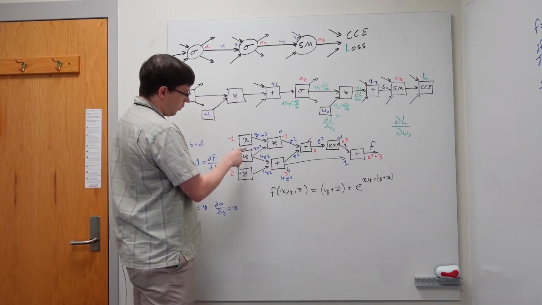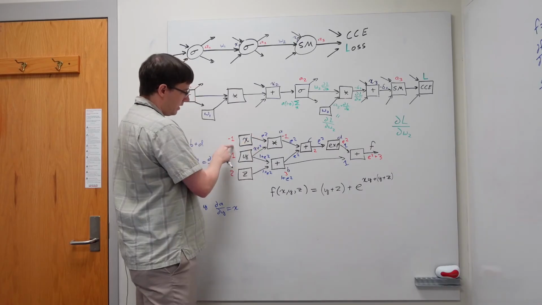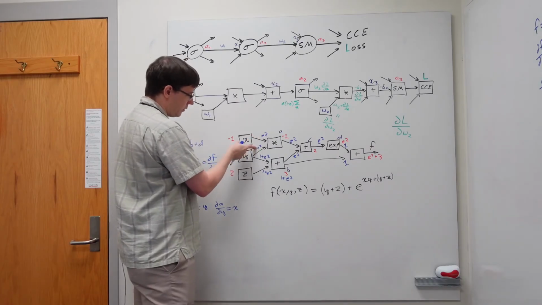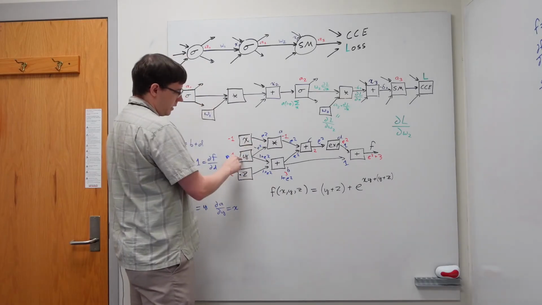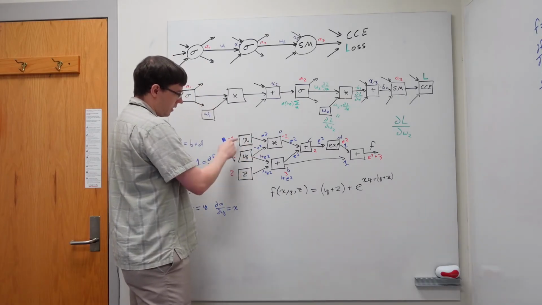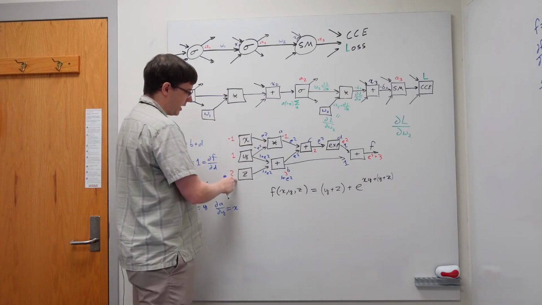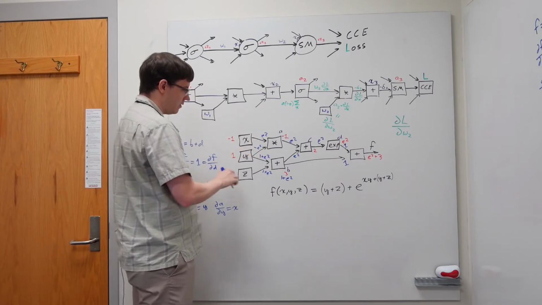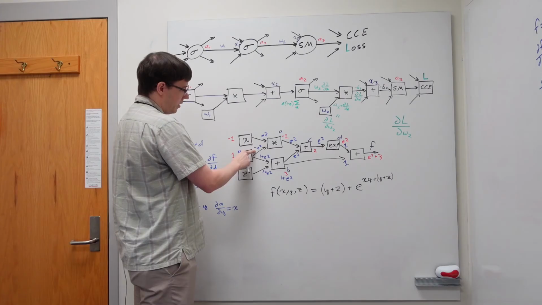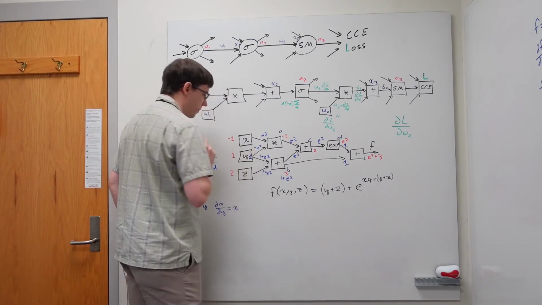So here y was 1, and so this becomes just e squared, and x was minus 1, so this becomes minus e squared. And so then finally for x and z, we now know the derivative of f with respect to each of them. For y, we need to sum over each of these edges, and we get 1 plus e squared minus e squared, so this just gives us a derivative of 1.